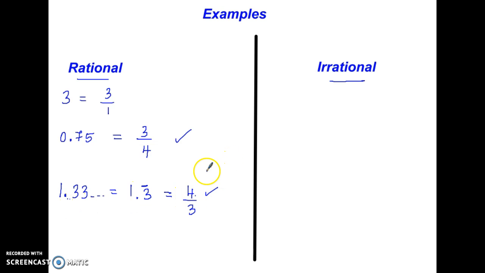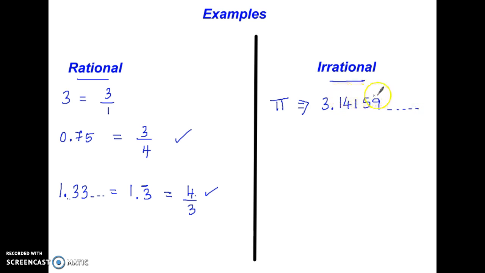Now irrational numbers. An example of an irrational number is pi. Whenever we find the area of a circle, we use pi. Pi is an irrational number, and the decimal that is equal to the value of pi is approximately 3.14159, and it keeps going.